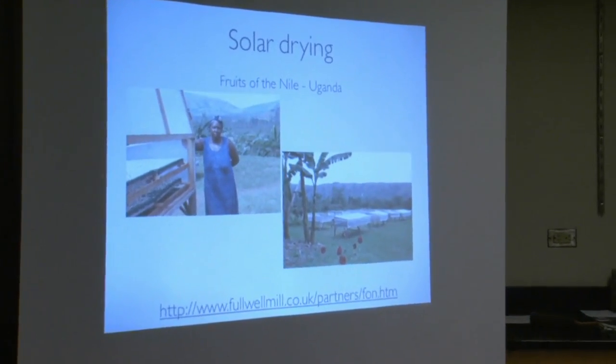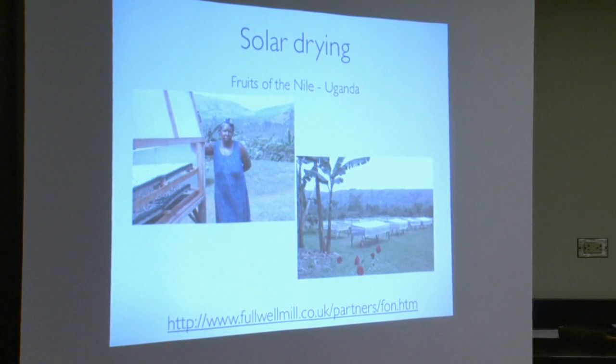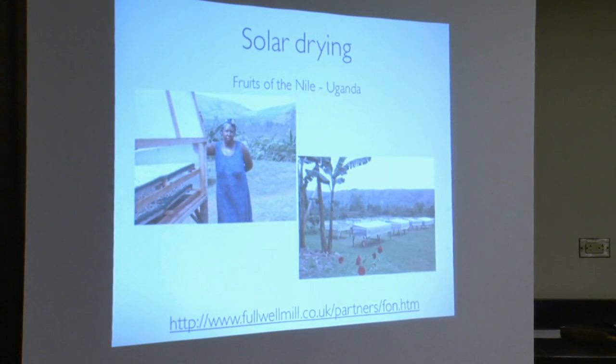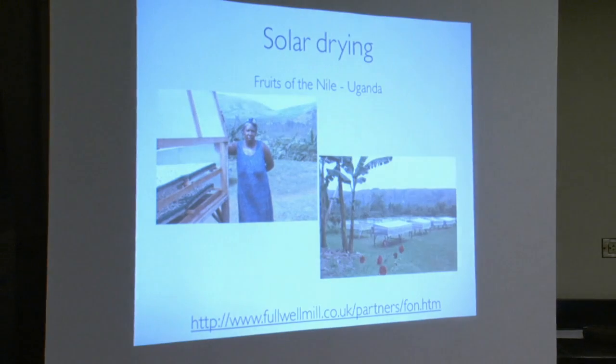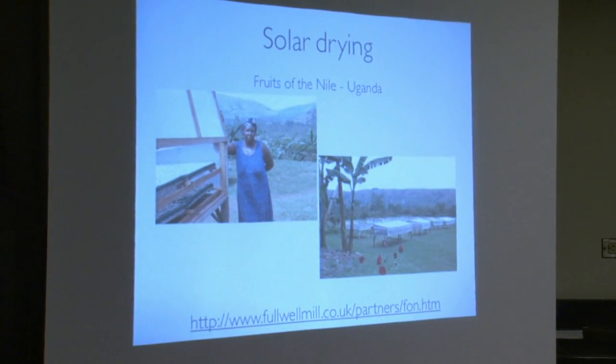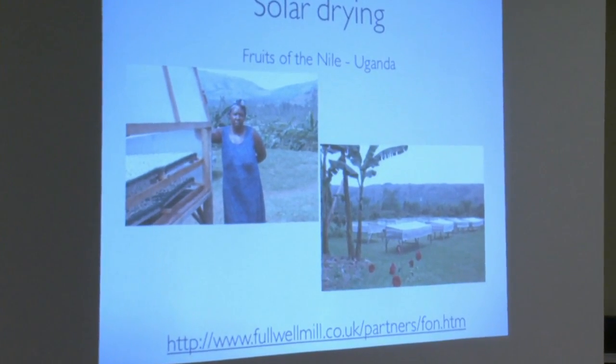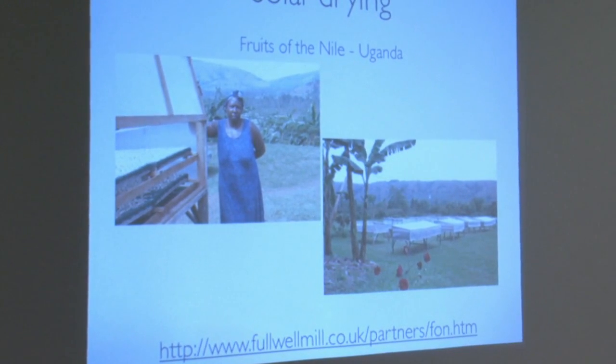So solar drying is another technology that is used in a lot of places in the world. The idea is basically that you take fruits or whatever, and you dry them so that you can preserve them. In a lot of places, you'll have farmers who are growing something, and they'll all have crops that grow at the same time.